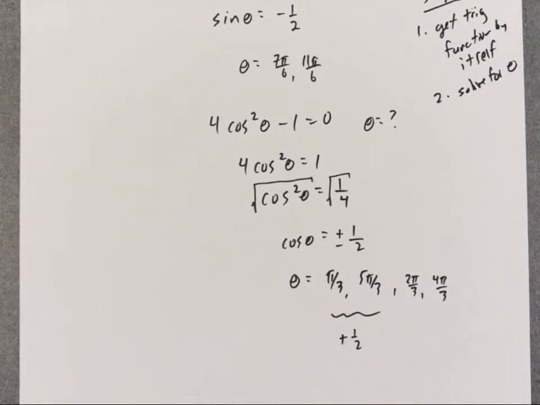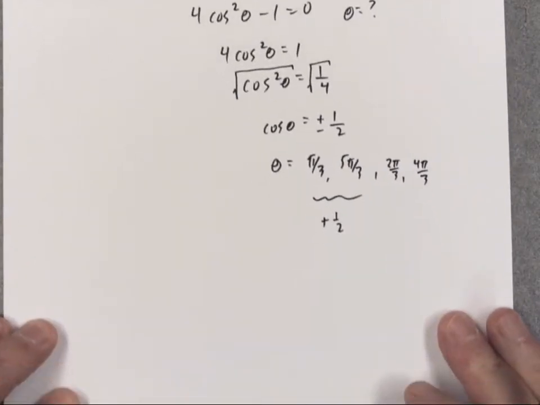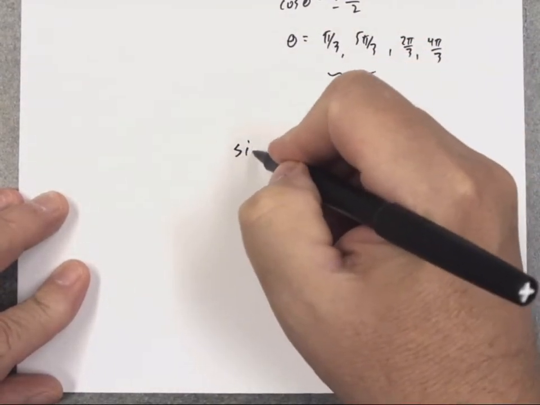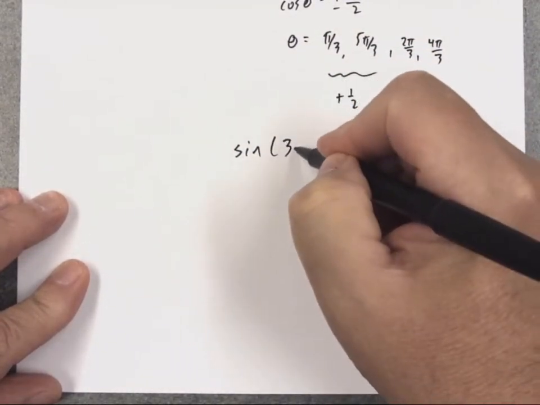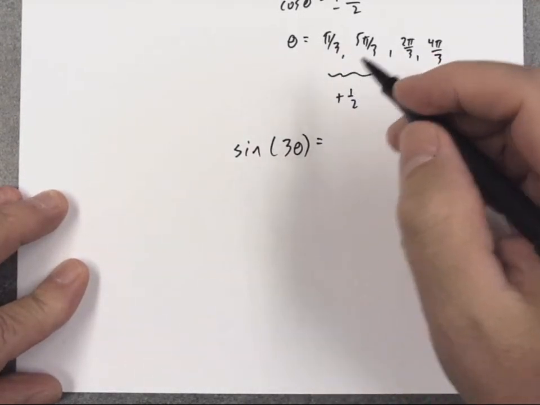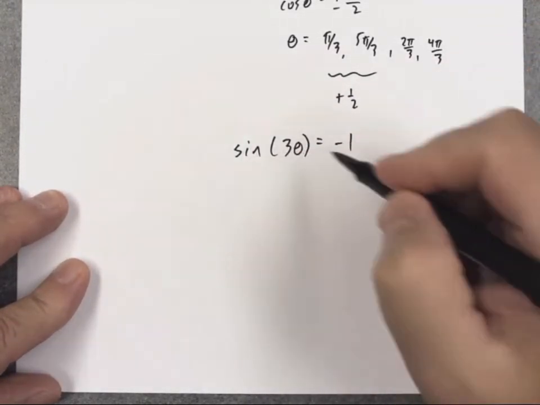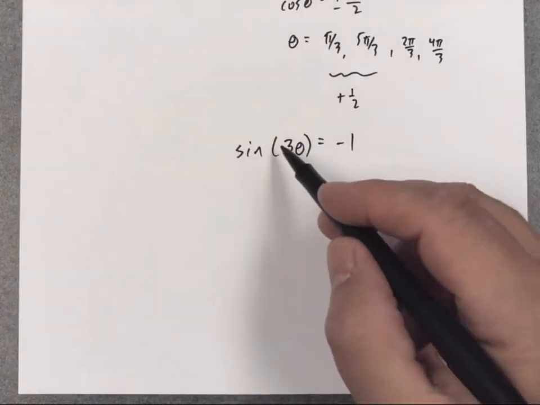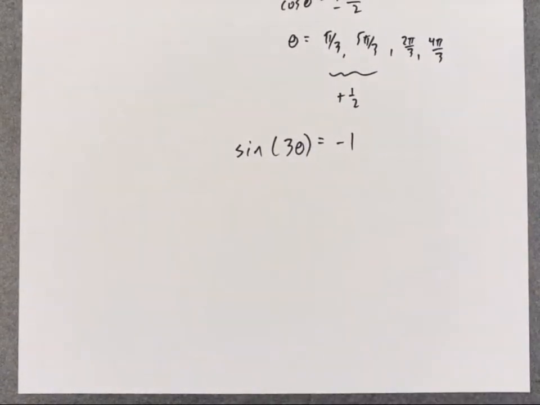Now here's a twist. Here's an equation they want us to solve. The sine of 3 theta equals -1. In other words, inside the trig function is not just simply theta.